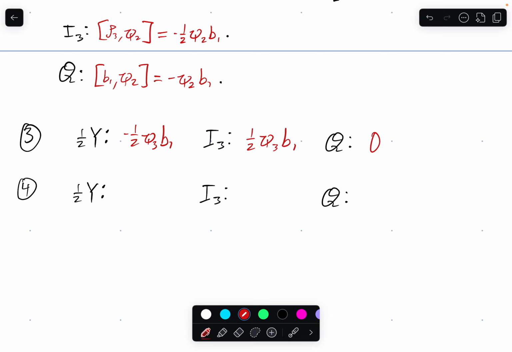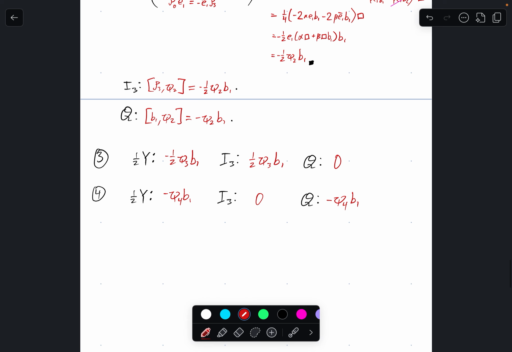And then here we'll end up with a minus C4, then a 0, and then a minus C4 B1 here, if we compute these.